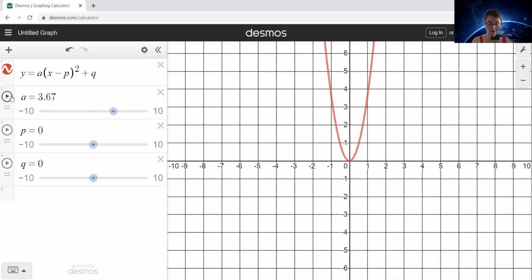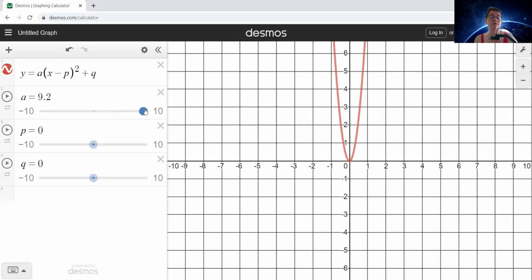Okay, so as the value of a increases, what did we say happened? We said the parabola becomes more narrow. I guess it'd be narrower, but I already wrote more narrow.